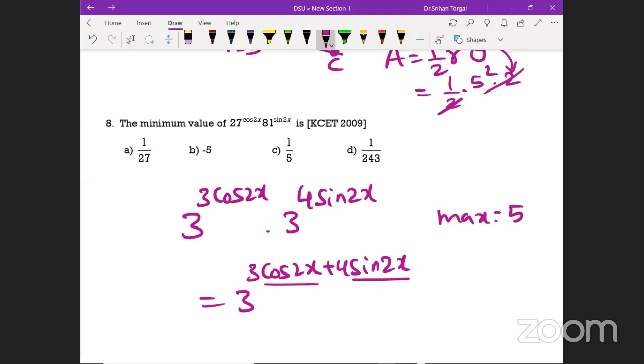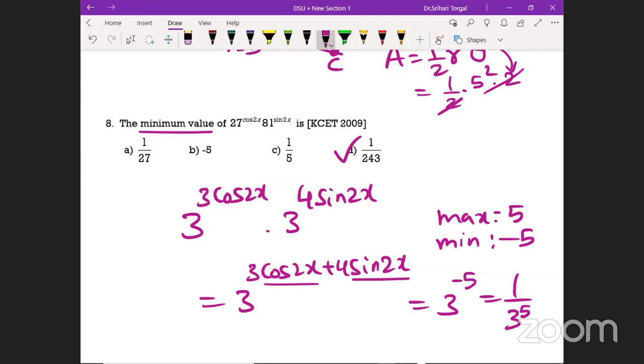You get 5, right? What is the minimum value? Minus 5. They are asking for the minimum value of the function. How much do you have to write here in the power? That is minus 5, correct? 1 by 3 power 5. The answer is 1 by 243. Got it? Very simple.